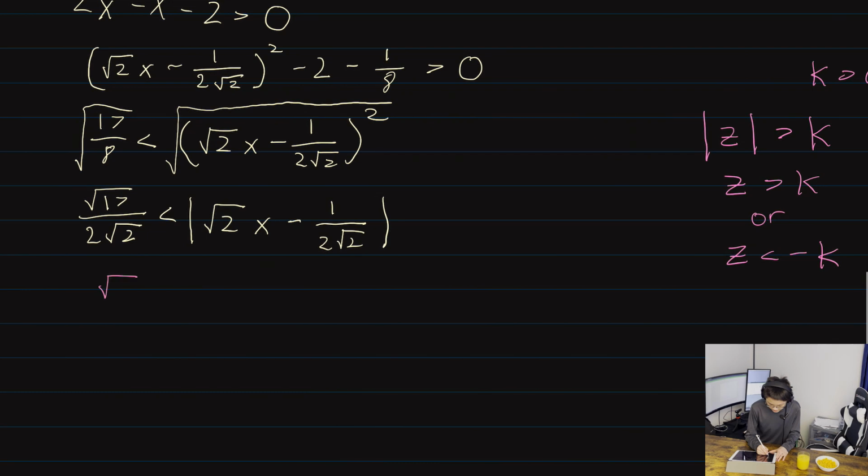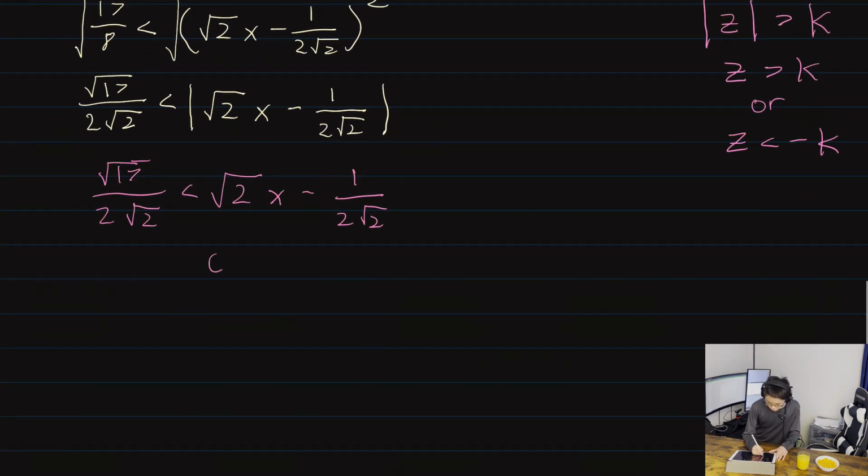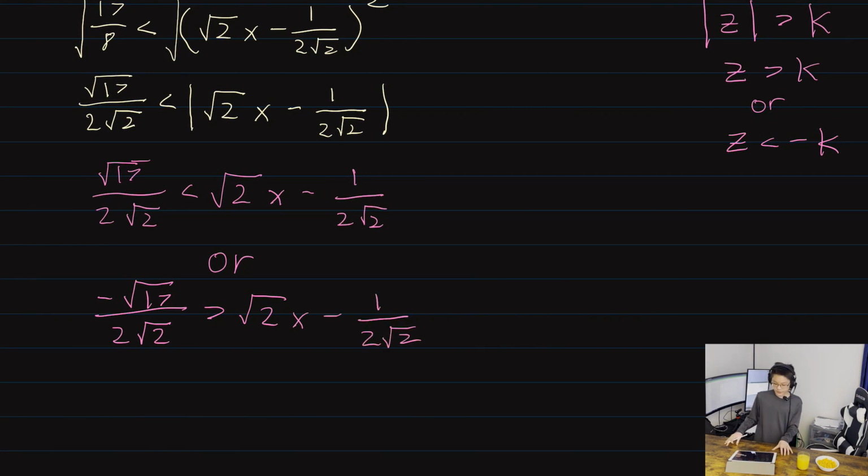Square root of 17 over 2 square root of 2 could be less than square root of 2 x minus 1 over 2 square root of 2. Or negative square root of 17 over 2 square root of 2 could be greater than square root of 2 x minus 1 over 2 square root of 2.